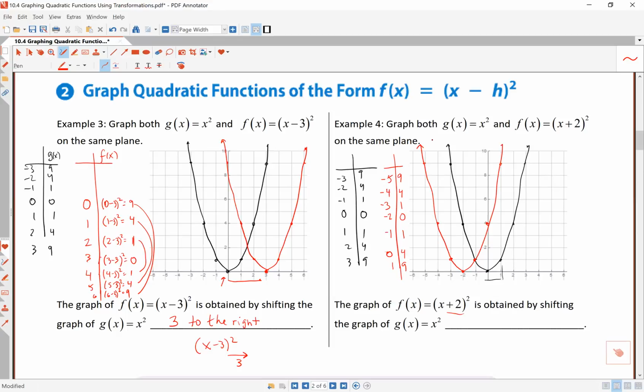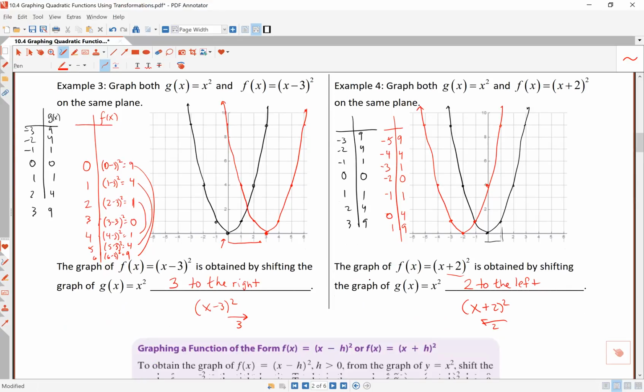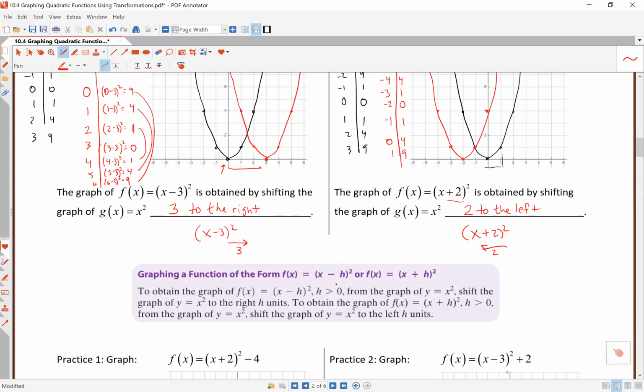So now we conclude and we say the graph of f of x equals x plus 2 squared is obtained by shifting the graph of g of x equals x squared 2 to the left. And so notice how the plus 2 on the inside shifts it left 2. The minus 3 on the inside shifts it right 3. So we can make that conclusion now. If h is positive, x minus h squared moves the graph right. If h is positive, x plus h squared moves the graph left.